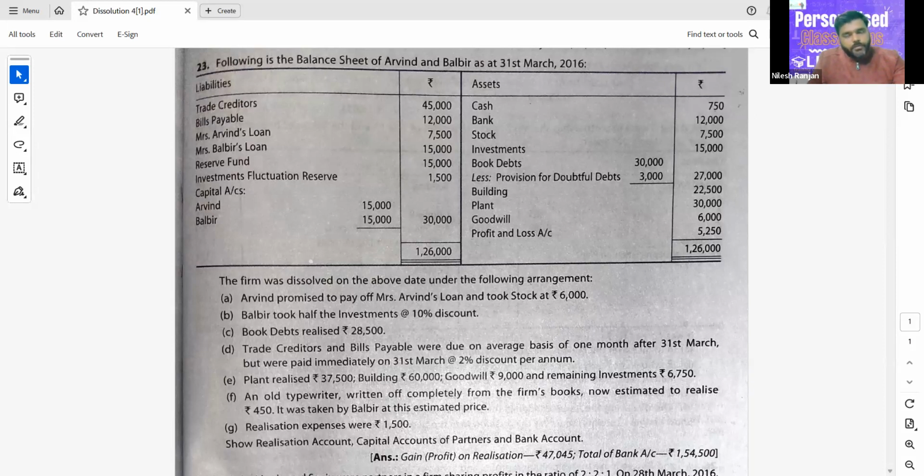Calculate 2% on 57,000 for 1 month. Should I do 1 by 12? Yes. How much? 95. Deduct it from the total amount. Yes, that's it, sir. Okay, sir.